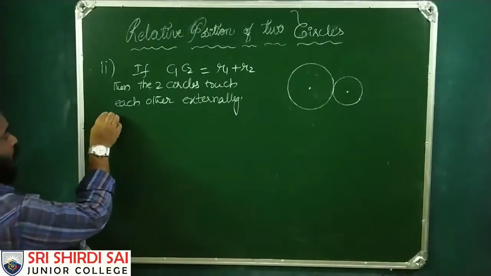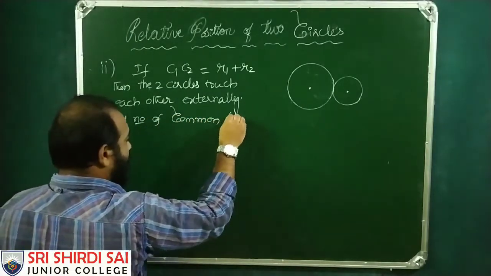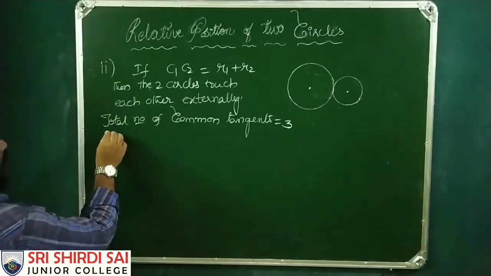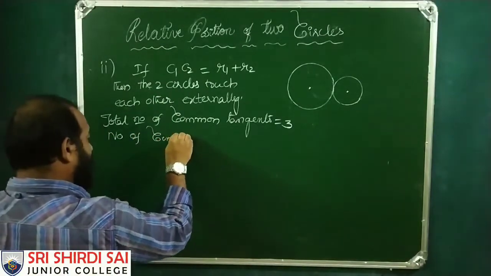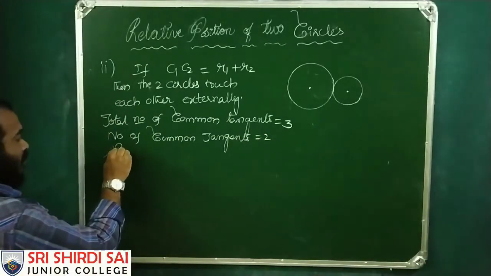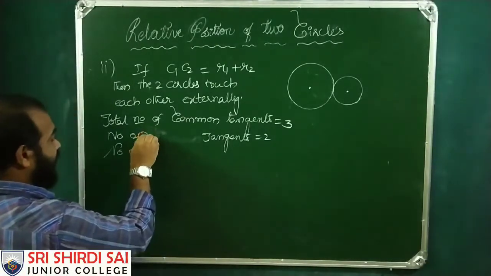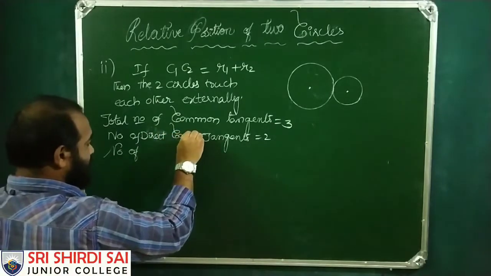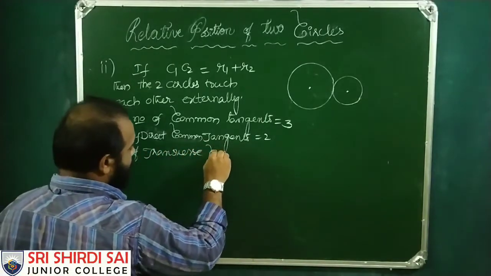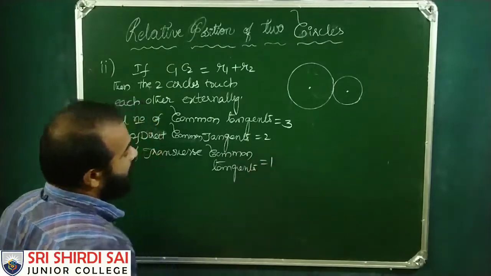So here the total number of common tangents is equal to 3, while the number of direct common tangents is equal to 2, and the number of transverse common tangents is equal to 1. How? Let us see this.